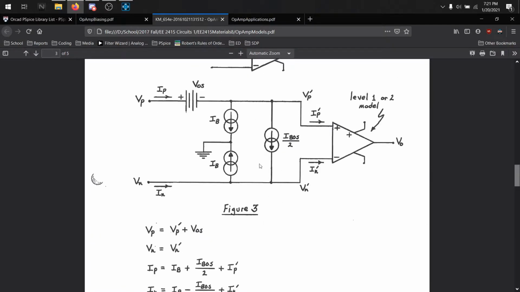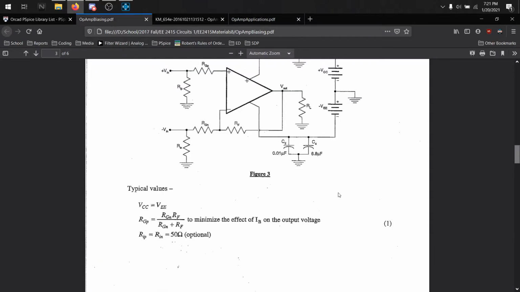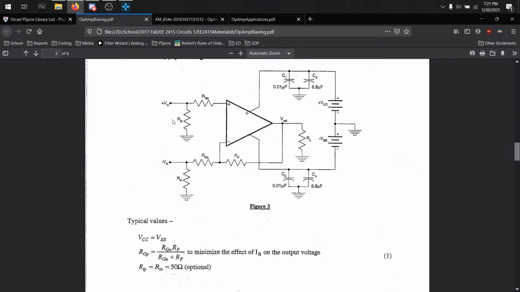We want to keep it balanced, so the current won't be changing as much. Well, that's round one. And RIP equals RN, so these two are equal. And this is just like a more elongated differential amplifier.